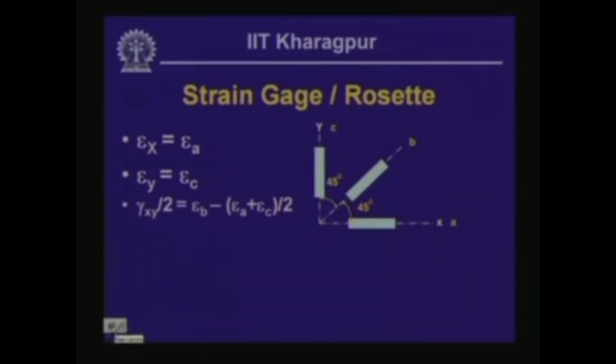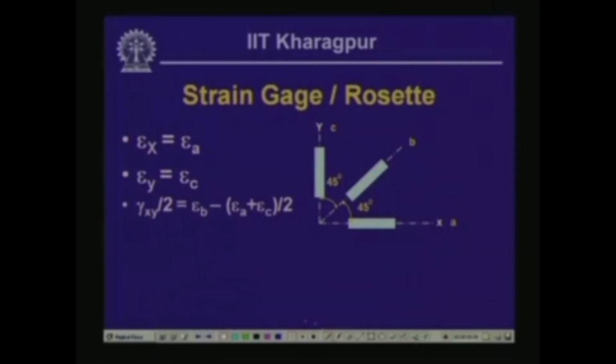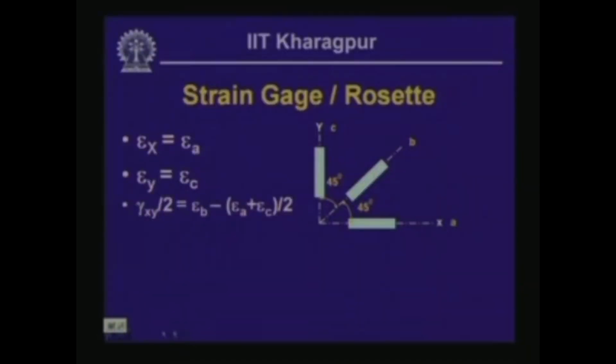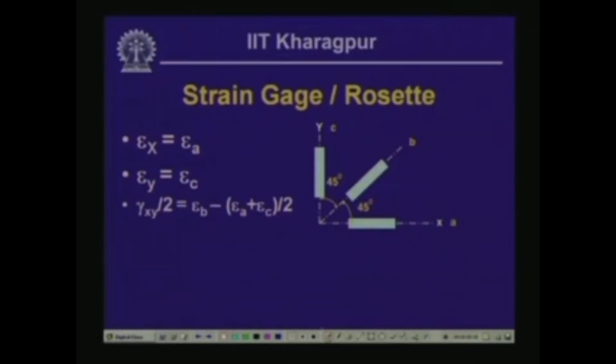Well, when we use the strain gauges together to measure the strain at a particular point, we call that assembly a strain rosette. The formation of three gauges together is termed a strain rosette.